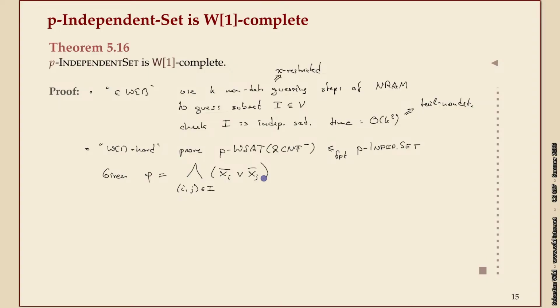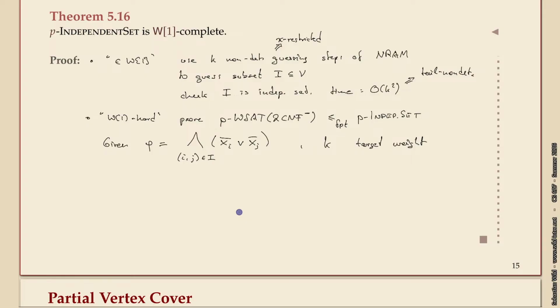Okay. And that's one input, and we're also given the weight k, the target weight. And now we have to construct a graph from this, as input to the independent set problem. As vertices, we just take essentially the variables.